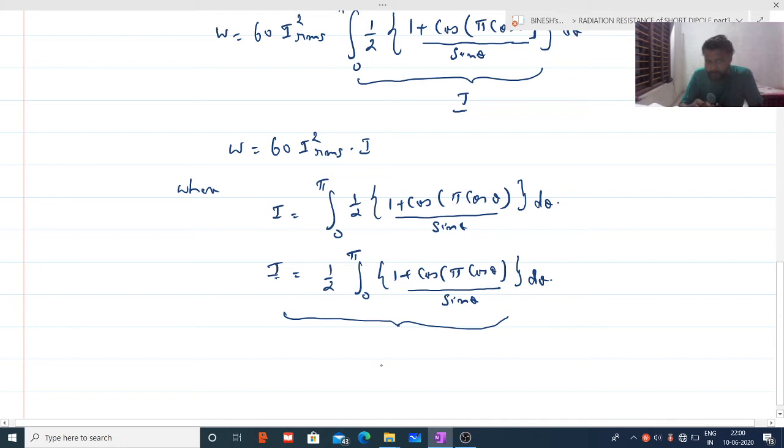So you can directly write the value of I, that is 1.219. Otherwise you can derive it, taking the Bessel function and all those things, and you will finally get the value of I. If you want, I will do it separately.